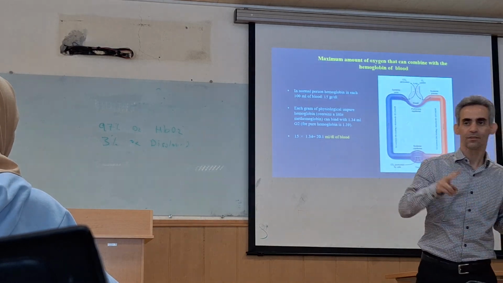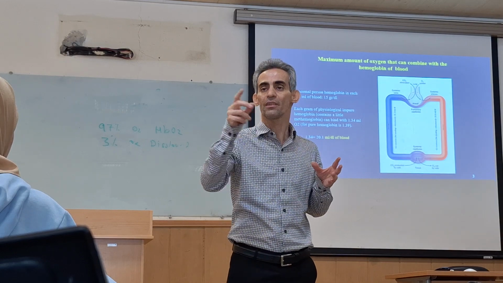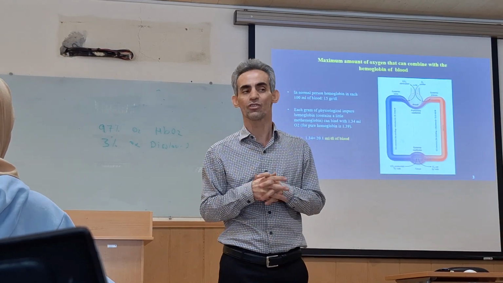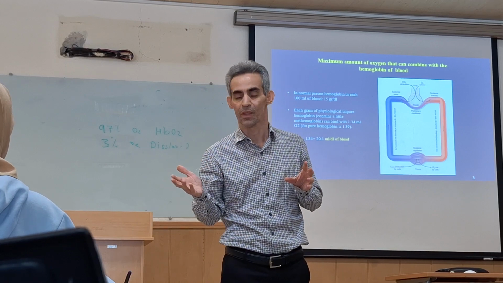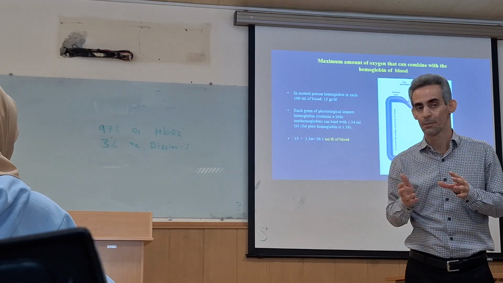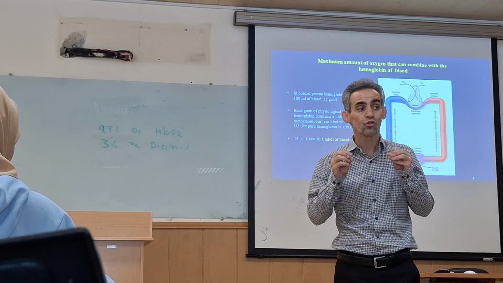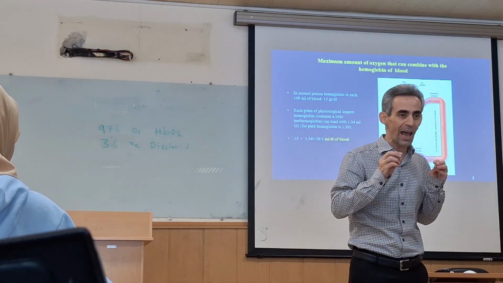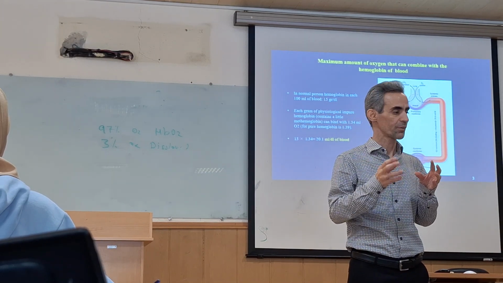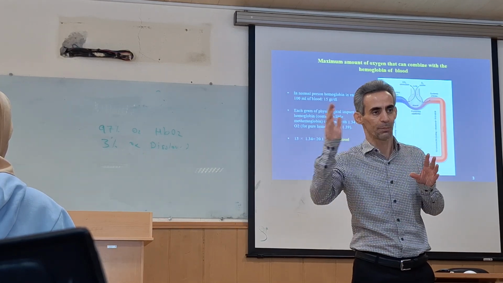Iron has 2 different charges: 2 positive charge or 3 positive charge. The 2 positive charge is named ferrous, and the 3 positive charge is named ferric. In normal and healthy condition, we should have the ferrous type of iron inside of the heme, Fe2 positive, not Fe3 positive.